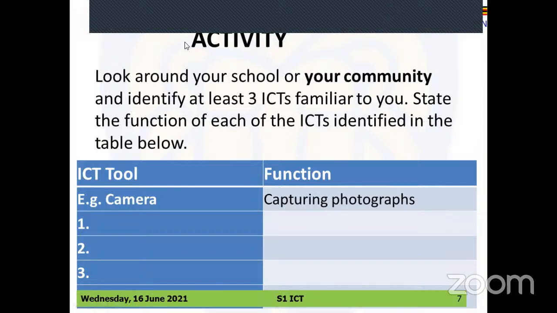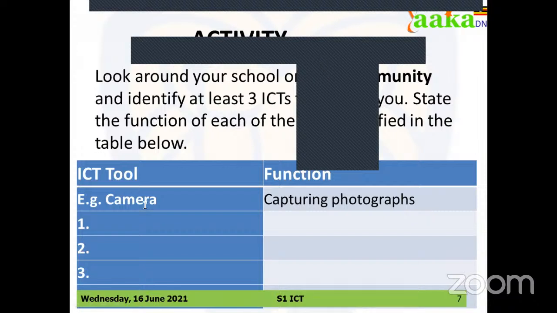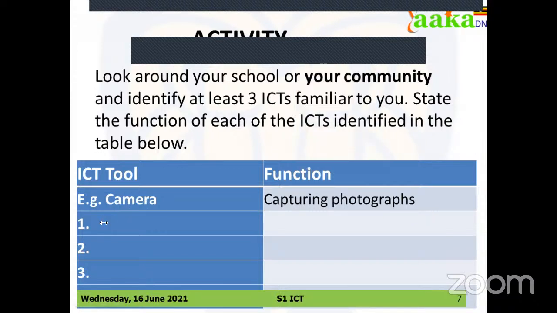Who is beginning? The first tool. You talk about the tool and its function. I'm writing. Who is going first? Me. Phone. Teacher, are we supposed to see it on the screen?